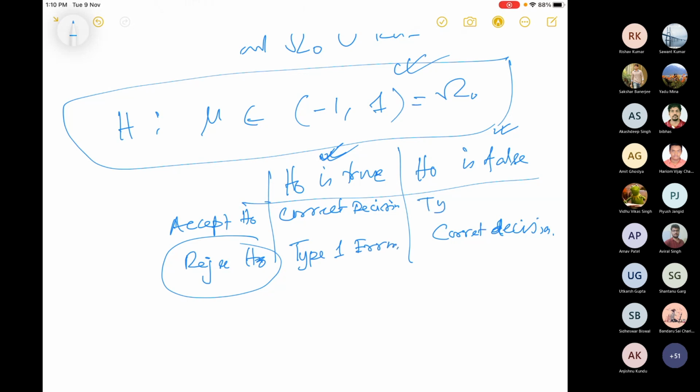And this is called type 2 error, which means you are accepting H0, but H0 is not true. Now this testing of hypothesis is all about different methods to test a hypothesis and to come to a conclusion with some probability. Probability of what? Whether H0, the null hypothesis, is true or false. That is all about testing of hypothesis.